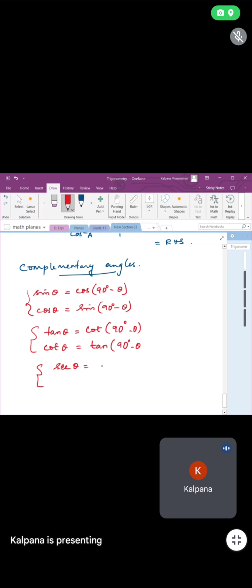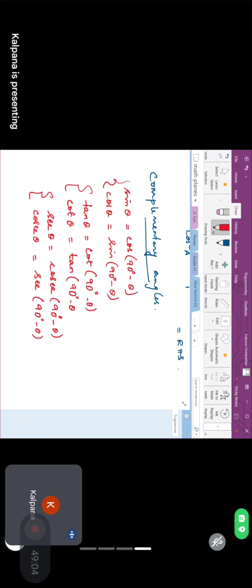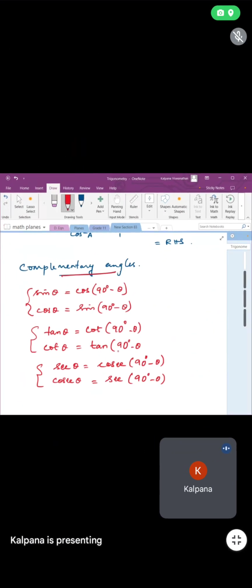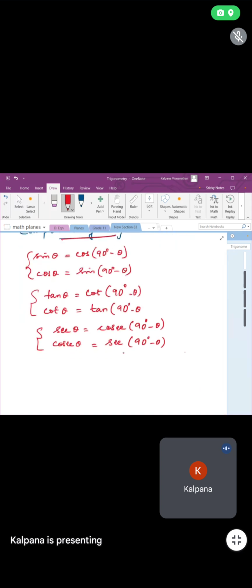Secant theta is equal to cosec 90 minus theta and cosecant theta is equal to secant 90 minus theta. So these six ratios are complementary ratios, and you have to remember them. While doing the sum, writing this conversion is very, very important.